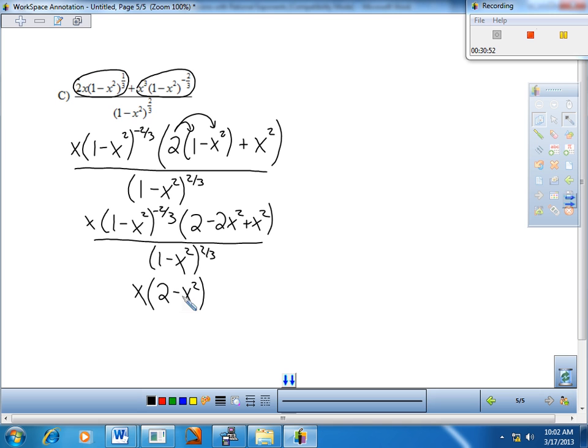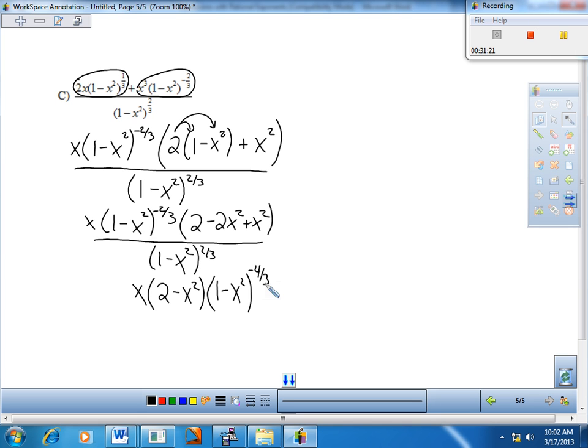And then, since I didn't do it last time, I'll do it this time. But I would divide those 2 powers. Definitely can do that here. So I think it's ready. Divide those powers with the same base. So I keep the base, and I subtract those exponents. Negative 2/3 minus 2/3 is negative 4/3.